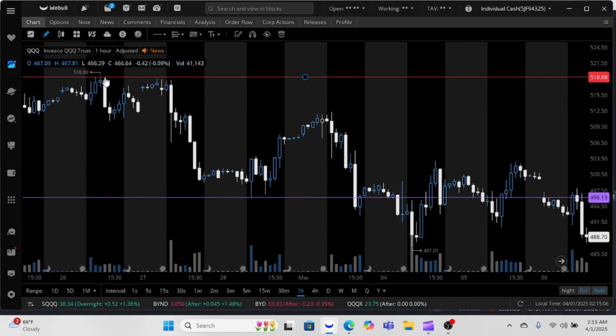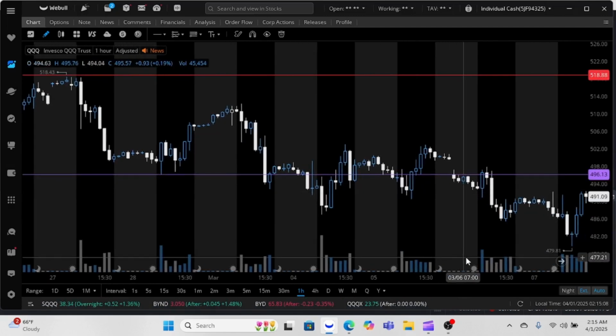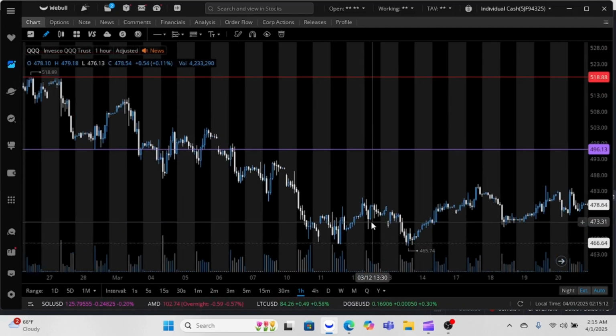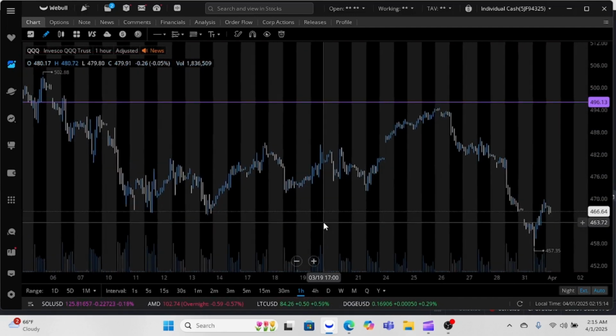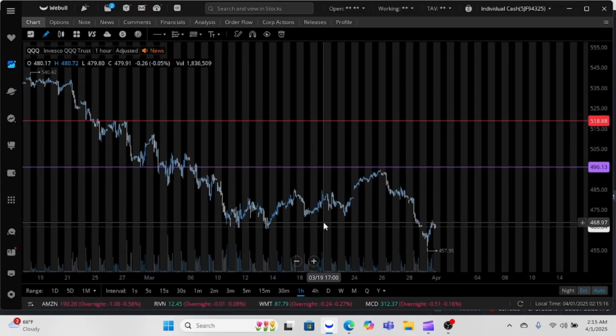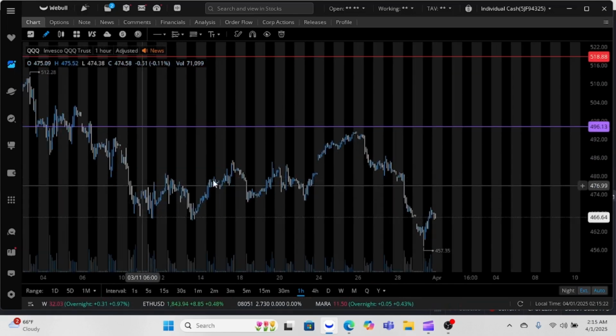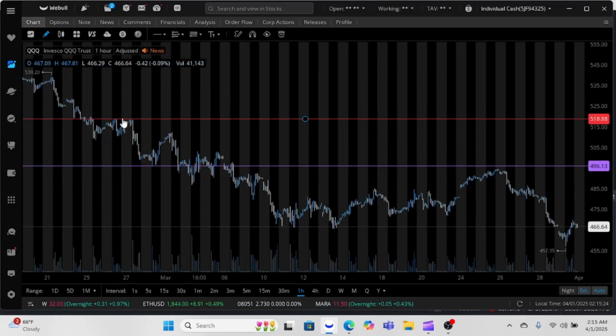But notice how this level is left up here. Watch what happens. We'll scroll over. And that's not yet been taken. So at a later date, this liquidity will be taken.